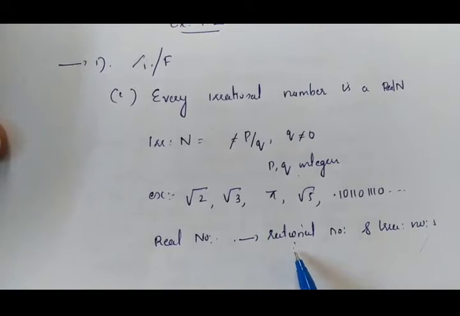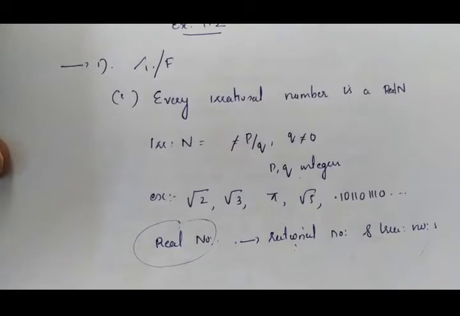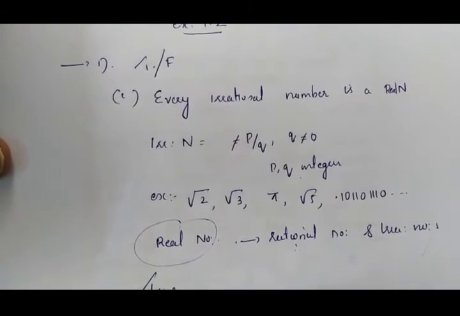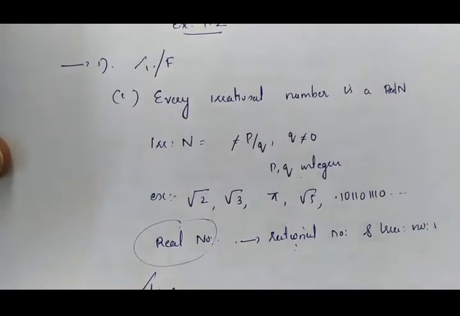A number which can be written in the form p by q. Irrational numbers are numbers which cannot be written in the form p by q. Real numbers include all these kinds of numbers. So we can say that the statement is true: every irrational number is a real number.